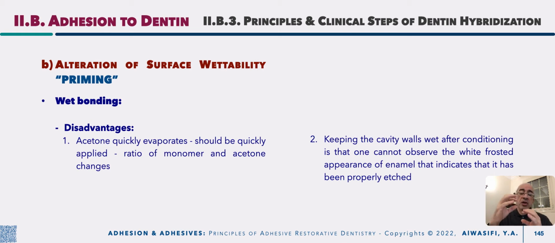When you apply the third coat, it is the same. It will dissolve the second and a little bit of the first, and they will go down to wet a much deeper layer of exposed collagen. That's why, because of its volatile nature, its rapid evaporation, you should apply multiple coats.